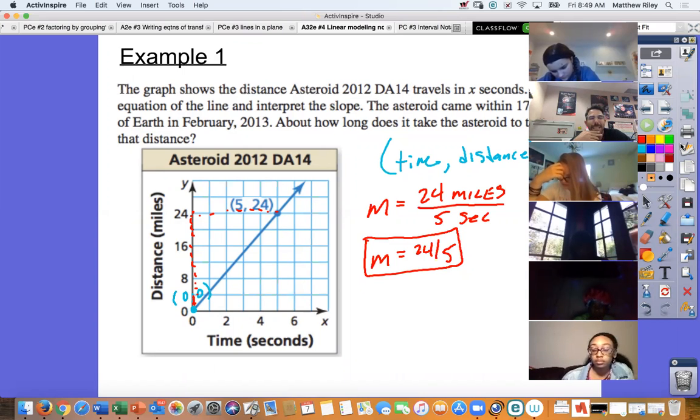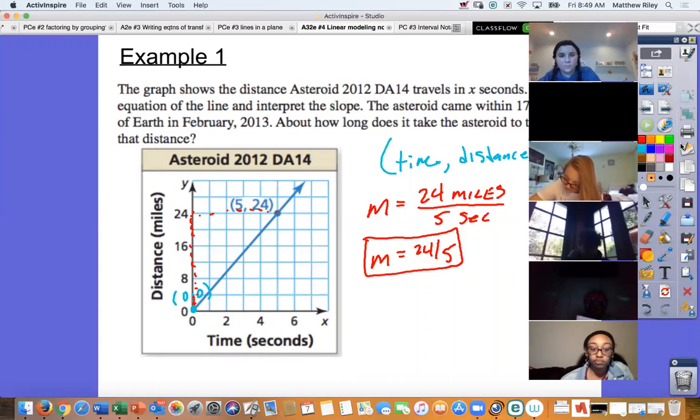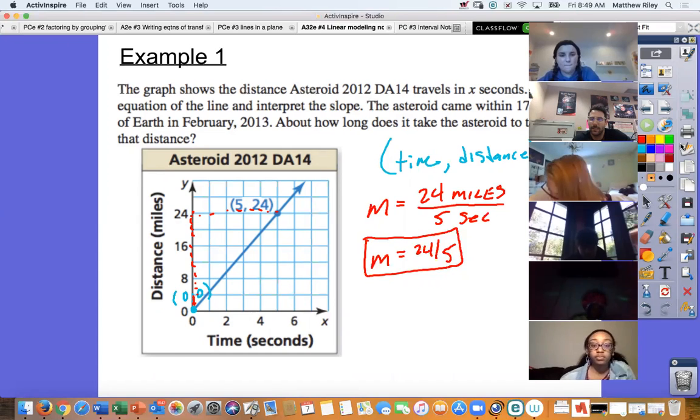Does anybody have any idea how you can set this up? So if it's traveling 24 miles every 5 seconds, well, how long did it take to travel 17,200 miles? Anybody have any idea?